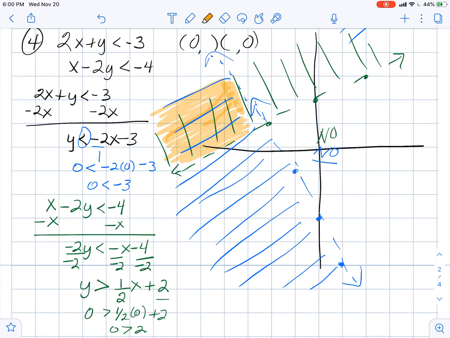Okay, and that would be my final answer. Now again, if I ask you for a point in the solution, then anything in there would work. So you could say something like, 1, 2, 3, 4, we'll say 5, 1. Okay, so 5, 1 would be an answer that would work. Okay?